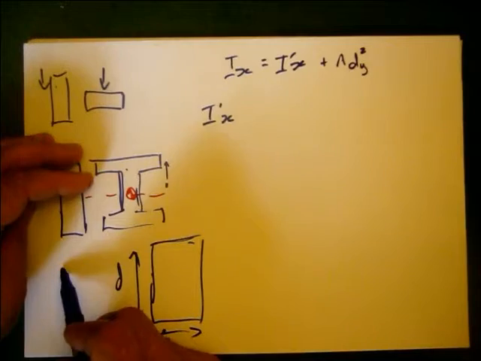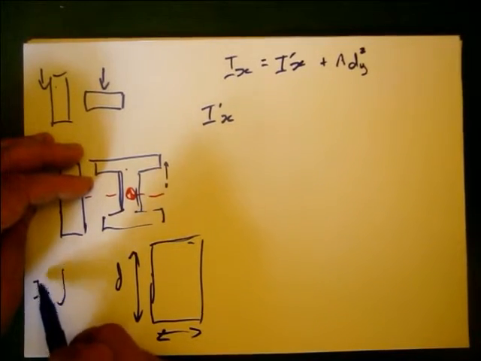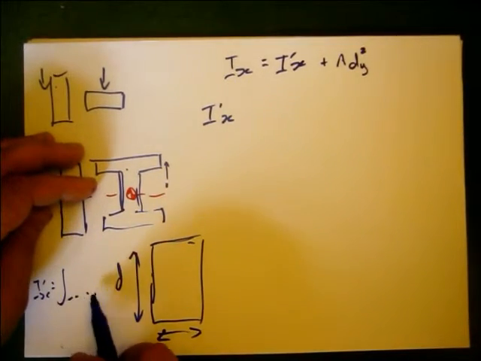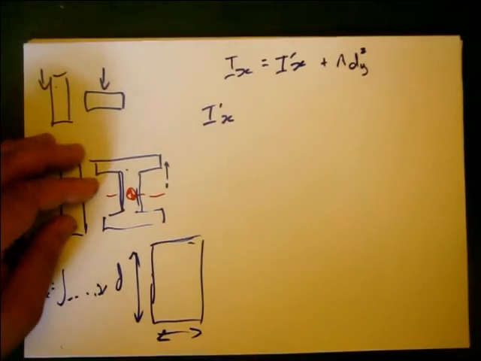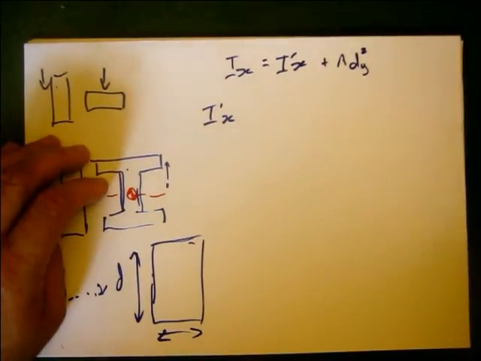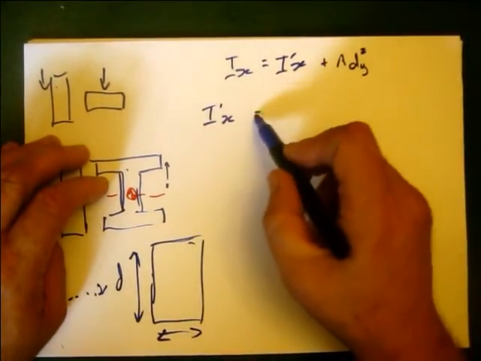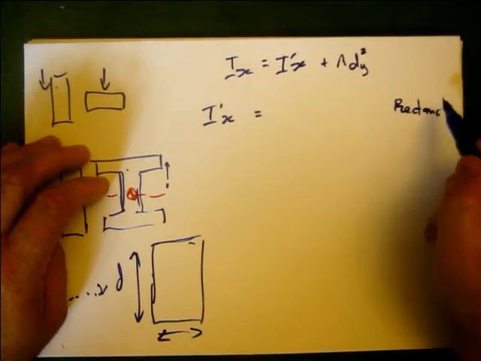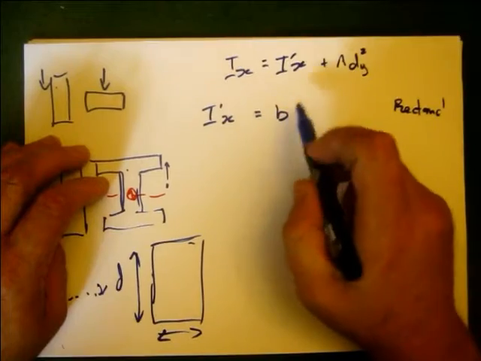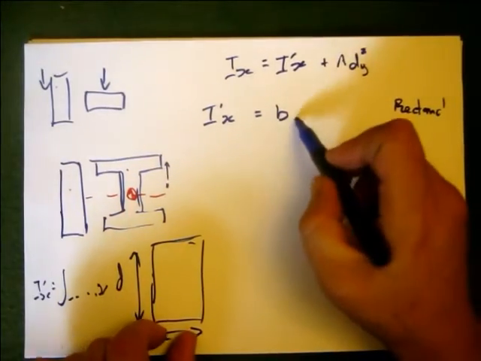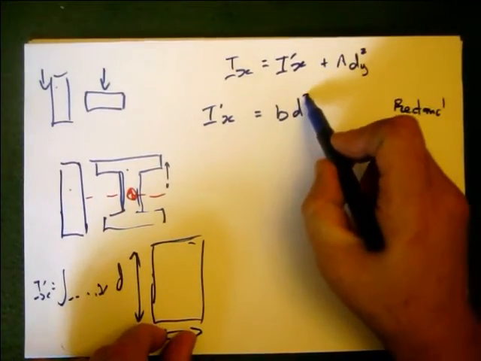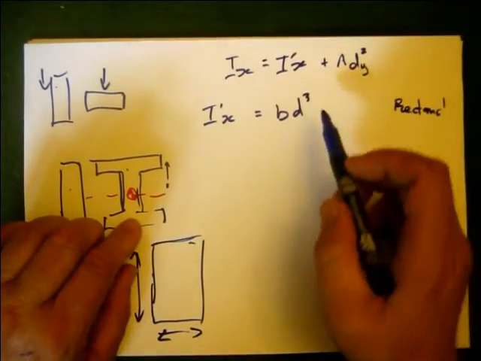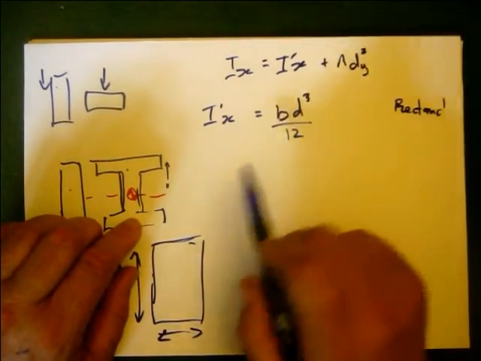We can integrate that, which is the integral of the area element dx, or we could just go to a book and look it up. So for a rectangle, it's going to be the breadth times the depth cubed, or basically the height of the block, divided by 12.